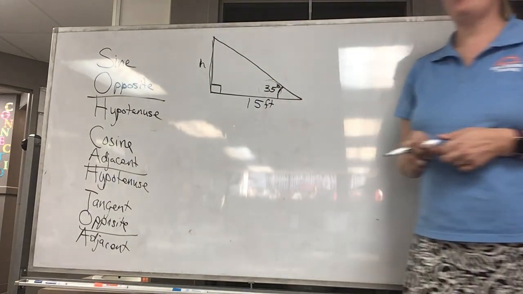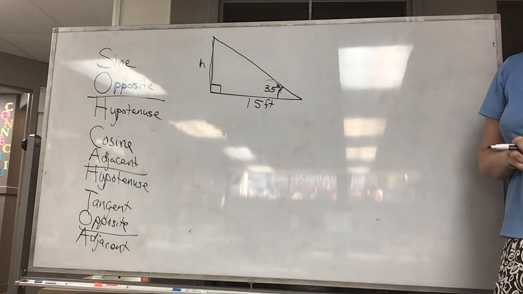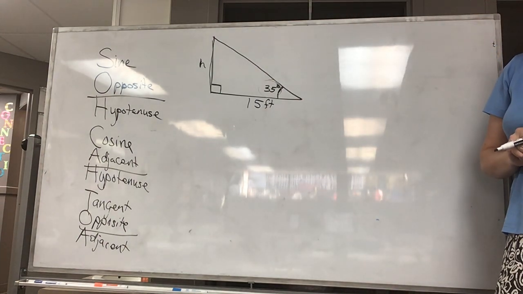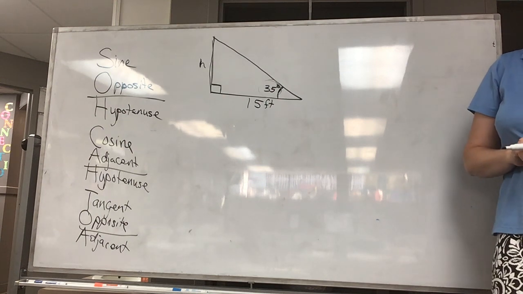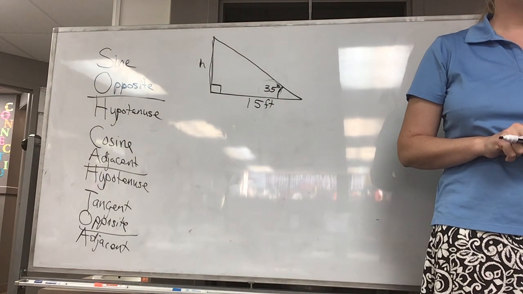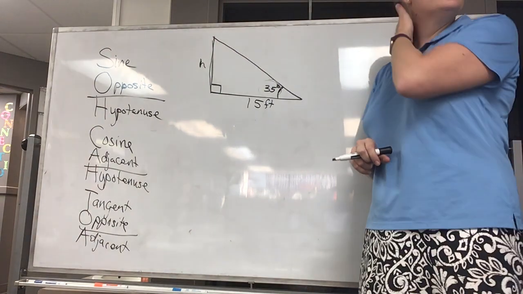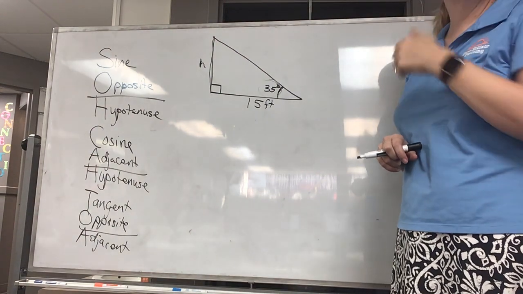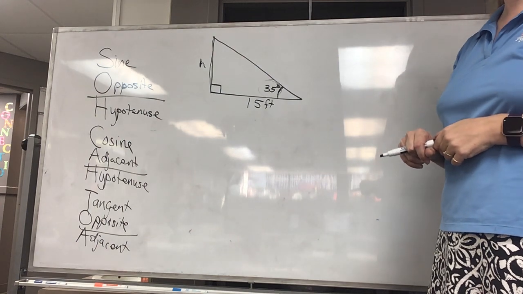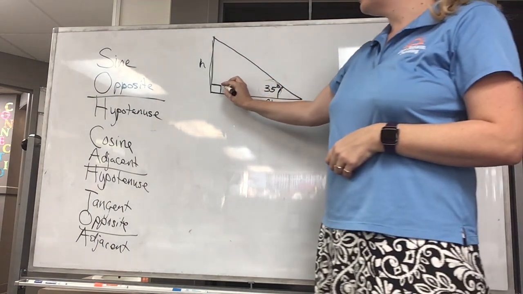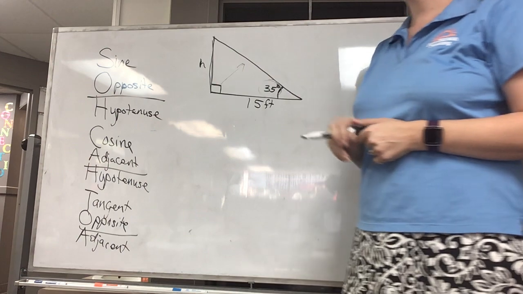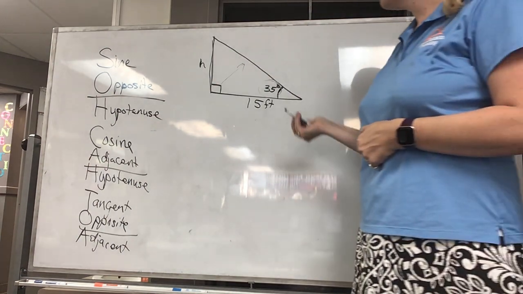If this is our angle that we're working with, the first thing I'm going to ask you to do is label the pieces. Where is the hypotenuse? It's always going to be across from the right angle, or the longest side.